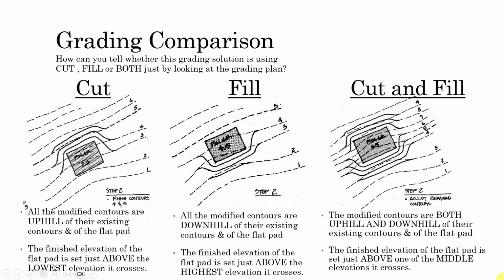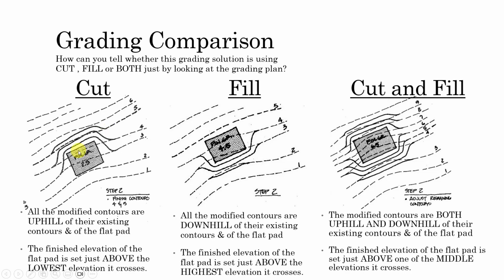How can you tell just by looking at a plan whether cut or fill is used? Turns out it's not that hard. Let's take a look at this cut example. The important thing to note is that for every contour, the modifications are moving uphill. So as the modified contours are uphill of your existing contour, that means we're cutting away the soil and cut is being used.